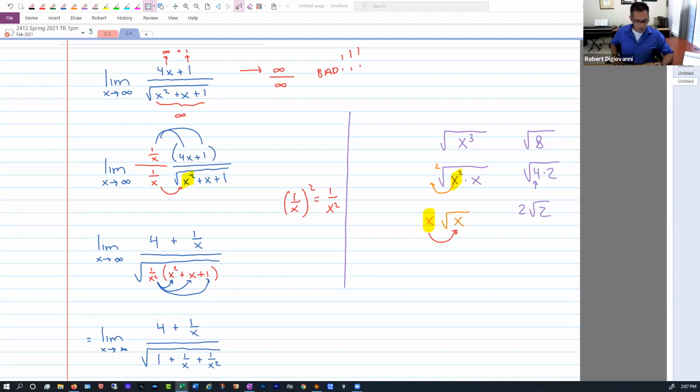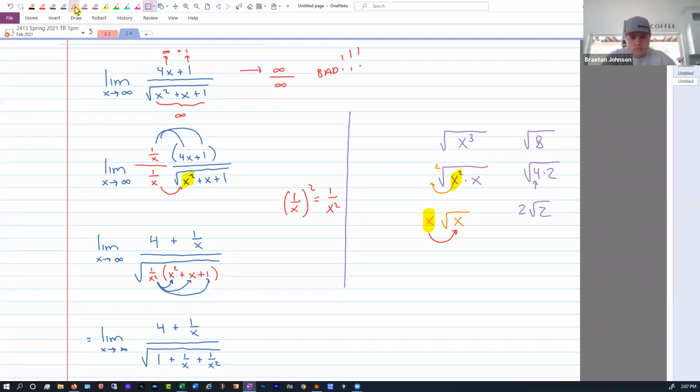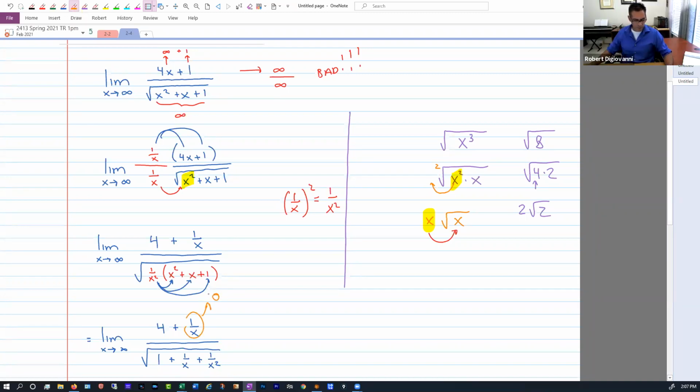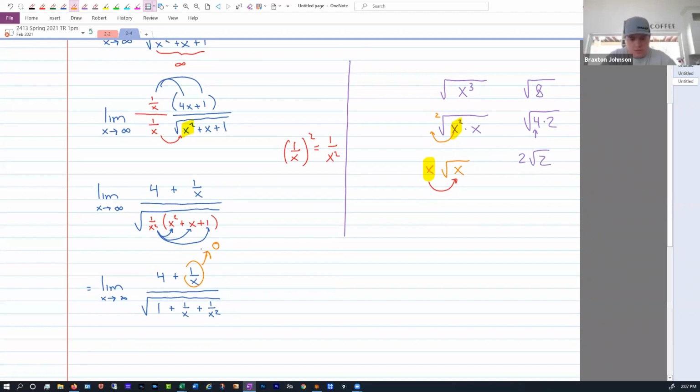Not yet? Okay. So Braxton, I was just going to ask you, what out of this thing vanishes away? When we take our limit, what's going to vanish? The 1 over x in the numerator. Okay. What else?